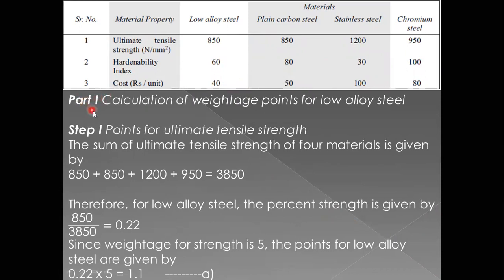Part 1 is calculation of weightage points for low alloy steel. Step 1 in part 1 is points for ultimate tensile strength.